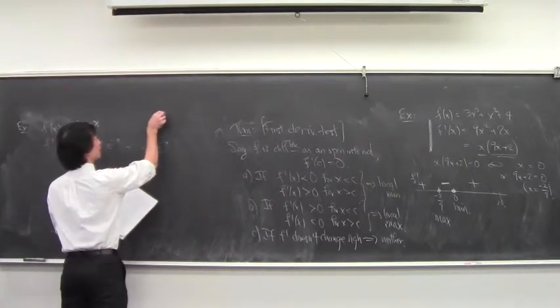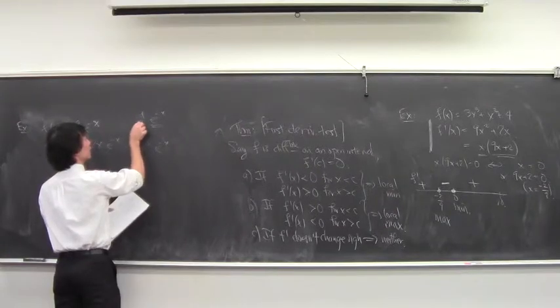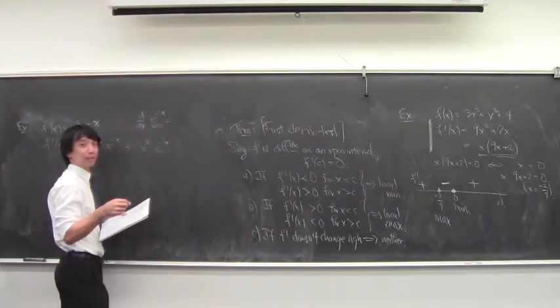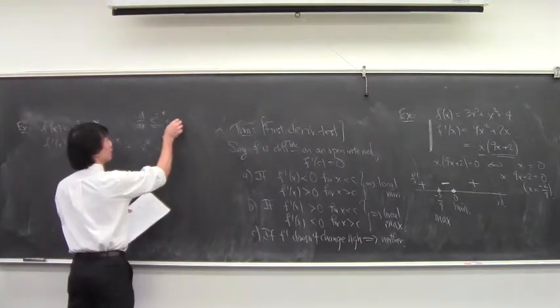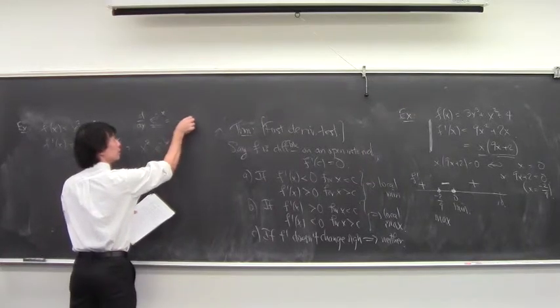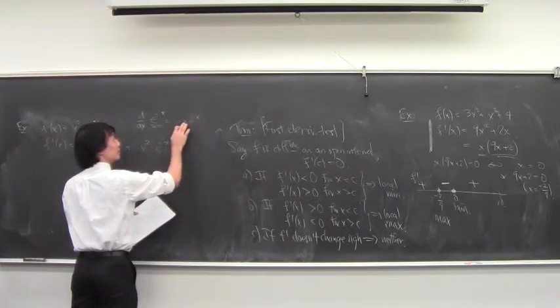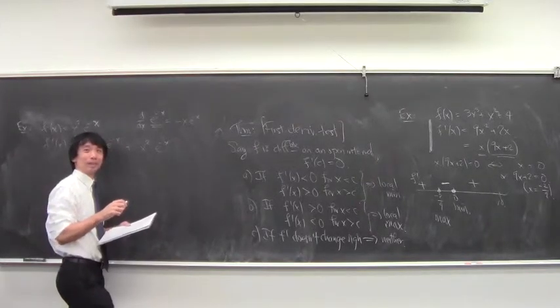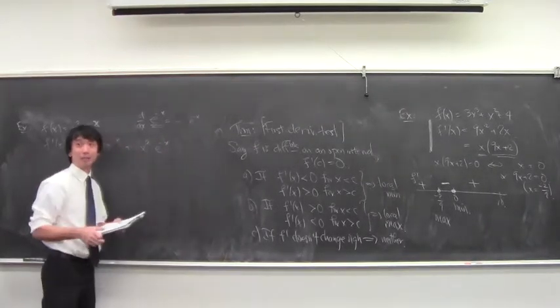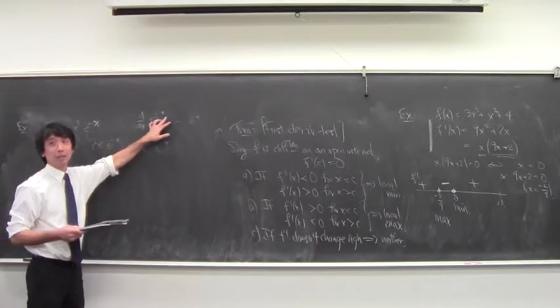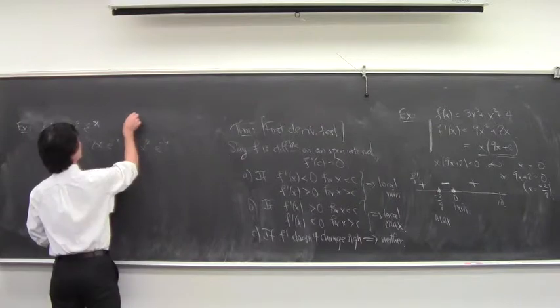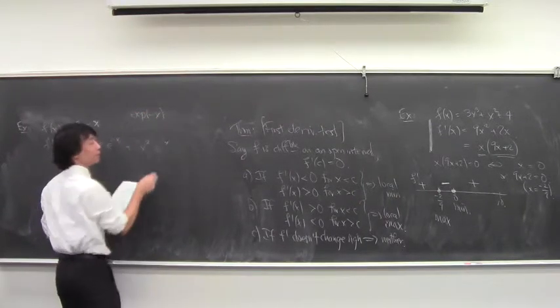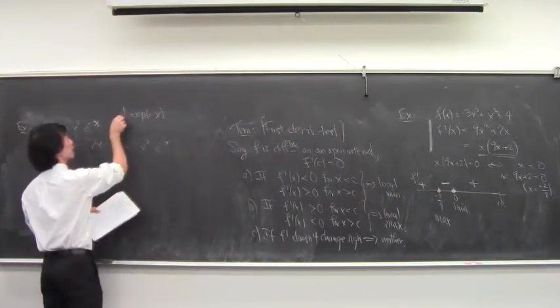When you differentiate this, what do you get? E to the negative x, at least. Negative x times e to the negative x? Oh, wait, chain rule. Negative 1 times e to the negative x. You've got the exponential function of negative x, and you're differentiating it.